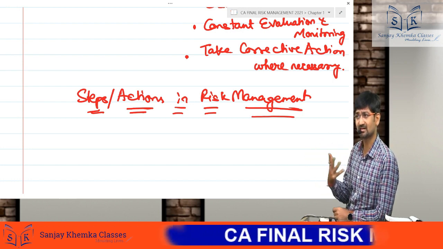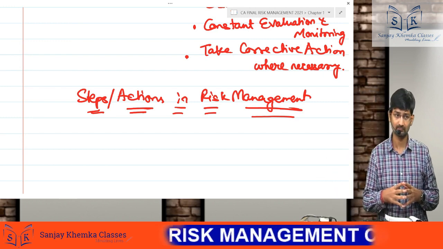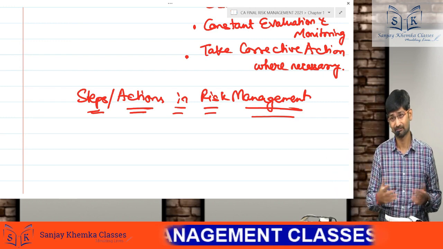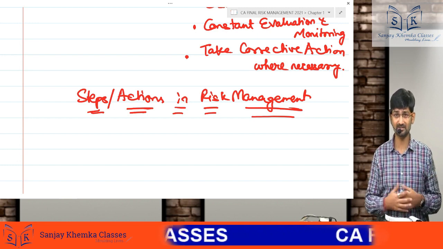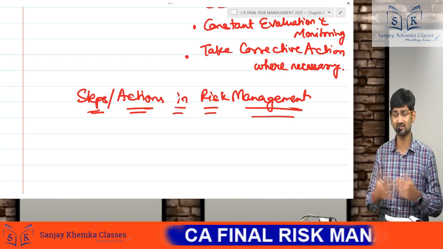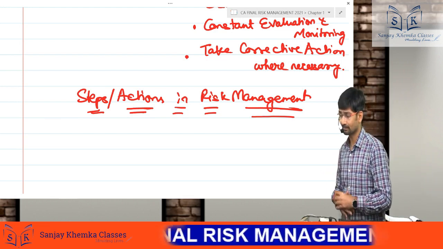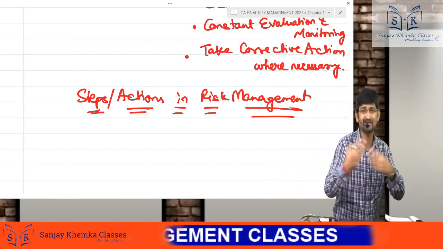So what kinds of risks are we exposed to in a business? I'm exposed to risks like bad debts, changes in market rates, interest rates, stock prices, raw material prices, output prices, finished goods, services, changes in prices. I'm exposed to operational risk. So what is operational risk? Day-to-day operations related.